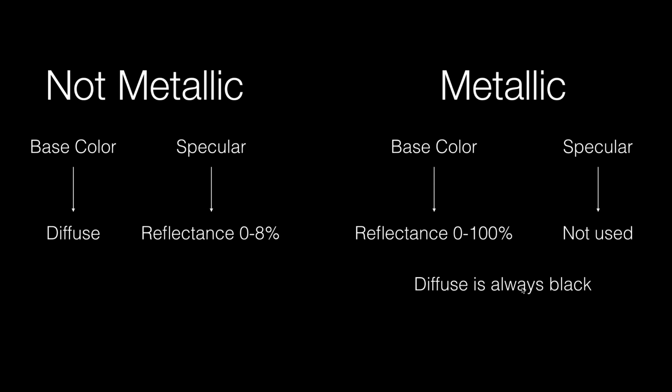And the other interesting thing about metals is that their diffuse is always black. So under the hood, if you pass a 1 into the metallic socket, your diffuse is just going to be automatically set to black. Your base color is going to go into reflectance, and it has a range of 0 to 100%, and your specular is going to get ignored.